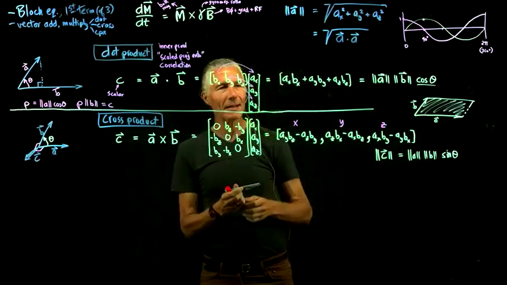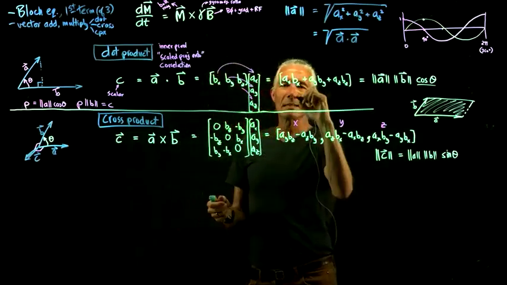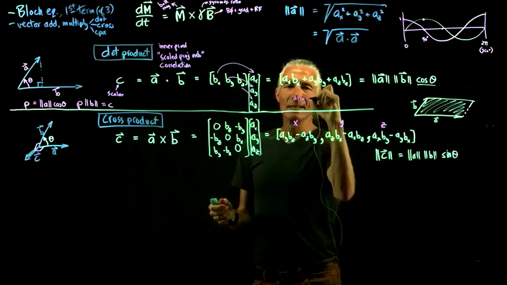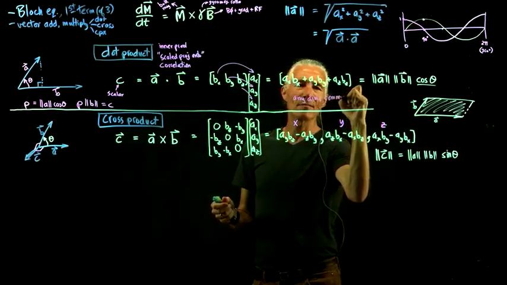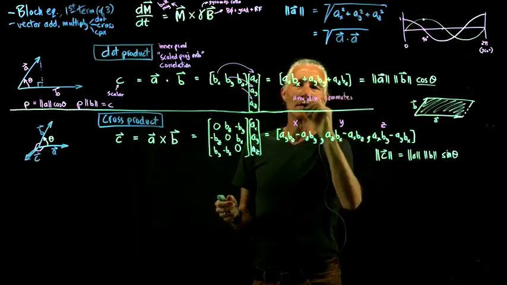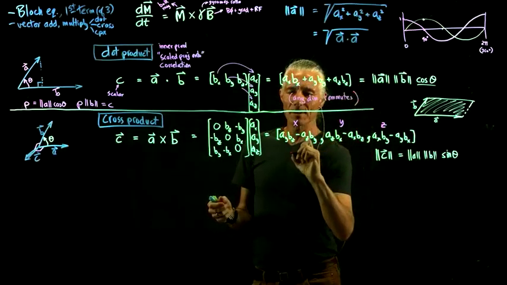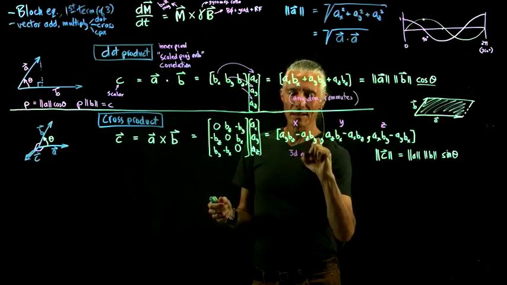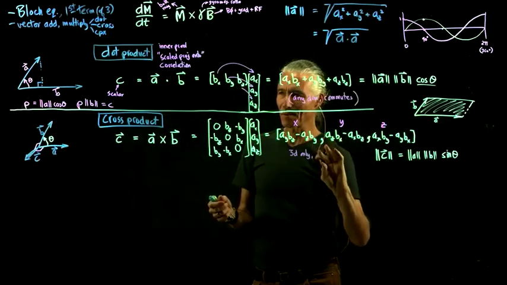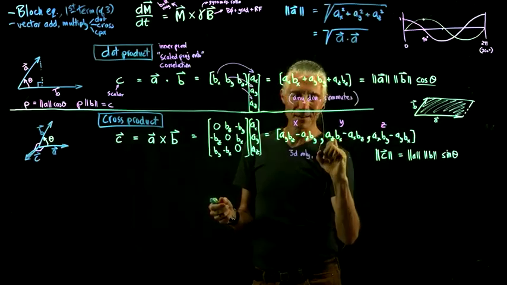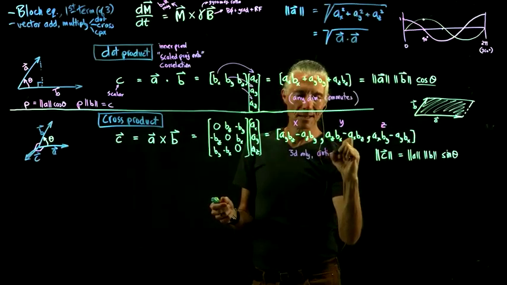So this guy is any D, any dimension, and it commutes because you can do it back and forth. This one is 3D only, and it doesn't commute. If you flip it, it changes the sign. So they call that anti-commutes.